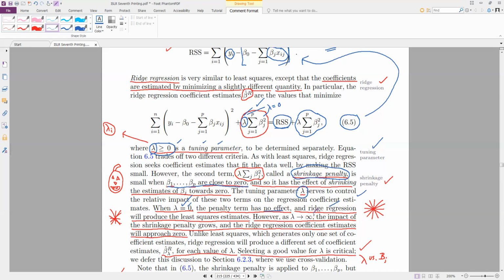So we can say that as lambda goes towards infinity, in other words, as it gets larger and larger, the impact of the shrinkage penalty grows and the ridge regression coefficient estimates will approach 0. Now, again, you may want to ask, why would you want any of your coefficients to go towards 0?